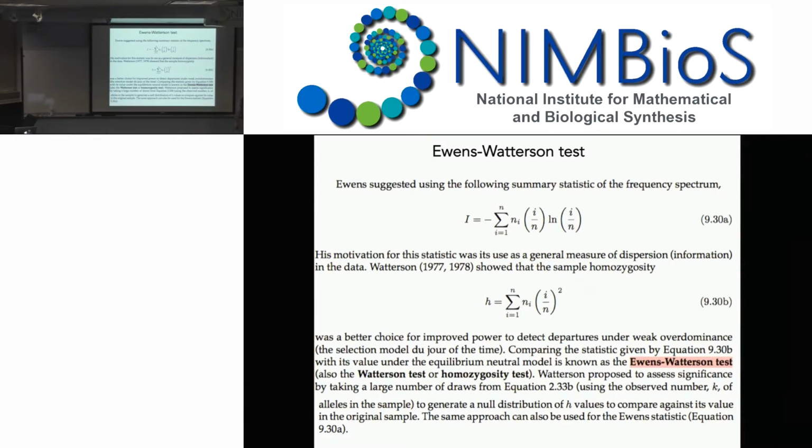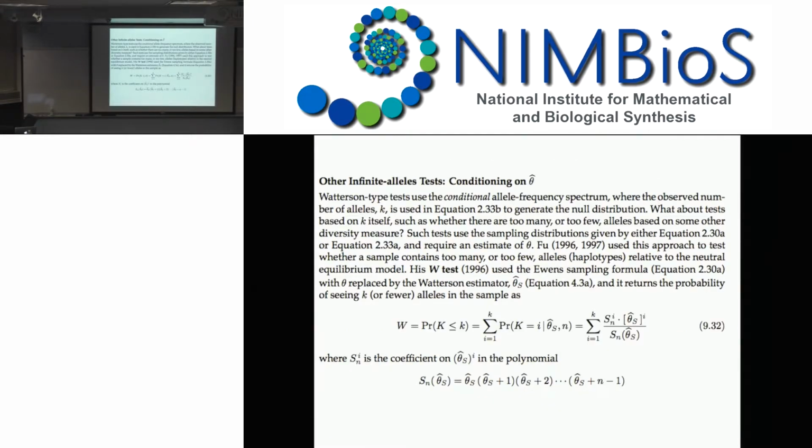So it's an equilibrium test, because when I go back and use the Ewens sampling formula, that's an equilibrium formula. Just like Watterson is the equilibrium value for the site frequency spectrum, Ewens is the equilibrium value for the allele frequency spectrum. These are old school tests that aren't used much anymore, but they're historically important.